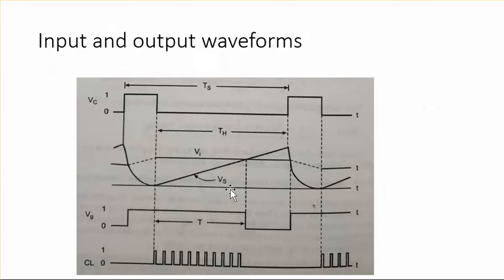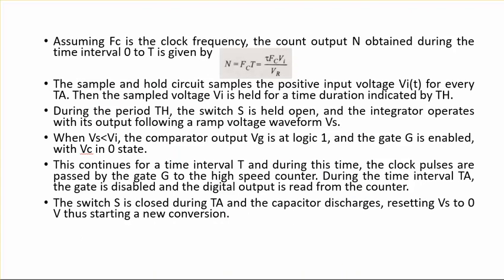So these are the actual input and output waveforms for the Vc value and the Vg value, and the available clock pulses which are applied to the circuit. Assuming the clock frequency is Fc, the output count is taken as n, obtained during the time interval 0 to T. That is, T is from 0 till the fixed time interval.